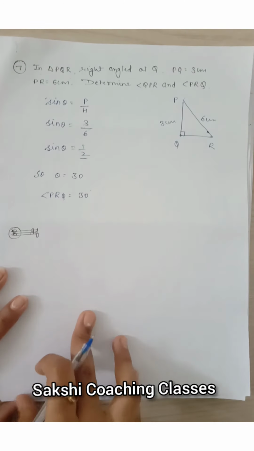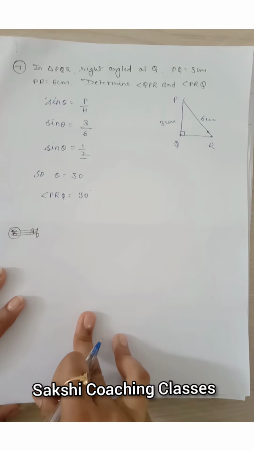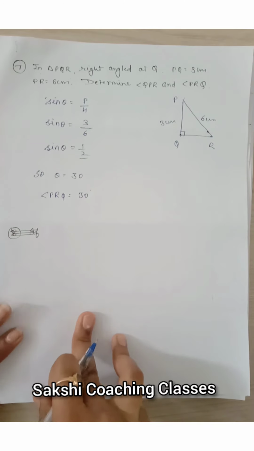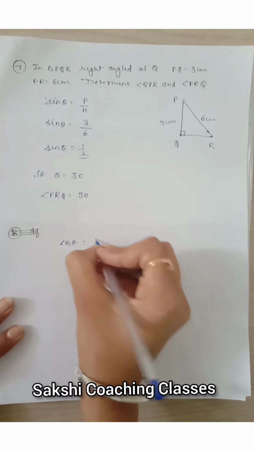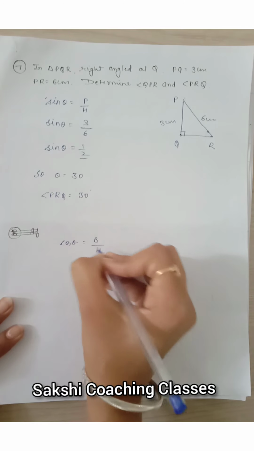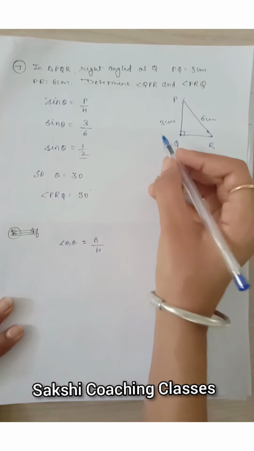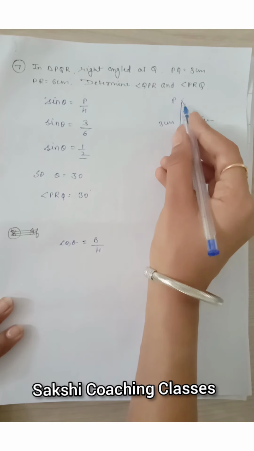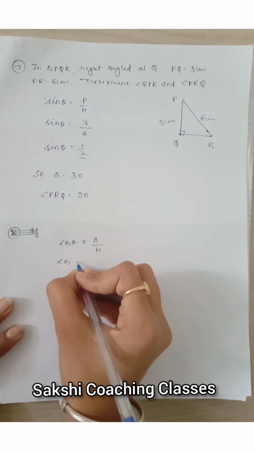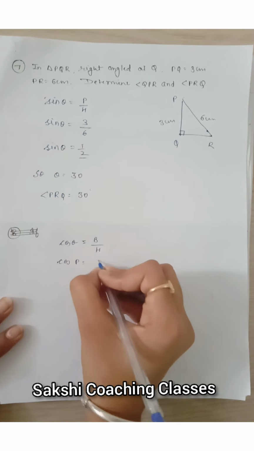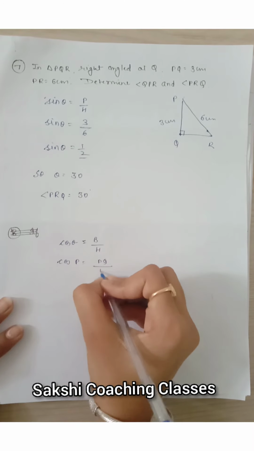Now PRQ is done; for QPR, cos theta is equal to base upon hypotenuse. Clear? Now cos theta here means we take P, so we are taking cos P. The base for this is PQ and hypotenuse is PR.